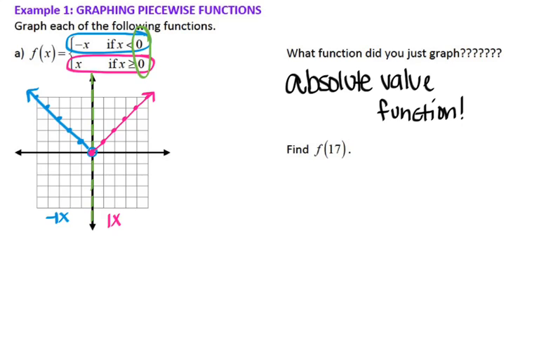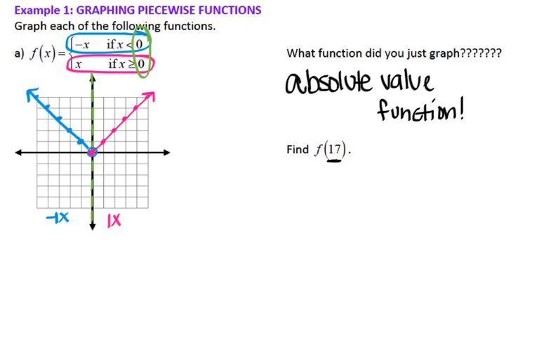All right, for the next portion, we want to actually evaluate our piecewise function. We want to find f of 17, which means we want to plug in 17 for x. Now you have to pay attention to what you have in your parentheses, because if you recall, we have two scenarios. Either x was less than 0 or x was greater than or equal to 0.